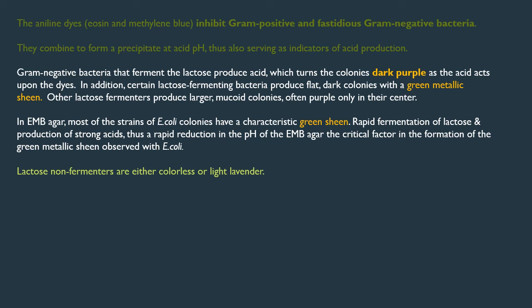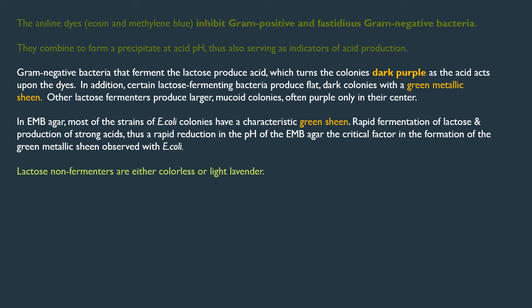So that is why mostly for confirmation, EMB is used for E. coli. Rapid fermentation of lactose and production of strong acids leads to a rapid reduction in the pH of EMB agar, and this is the critical factor in the formation of the metallic green sheen observed with E. coli. So this is the main answer that you can give for why you see a metallic sheen for E. coli on EMB.